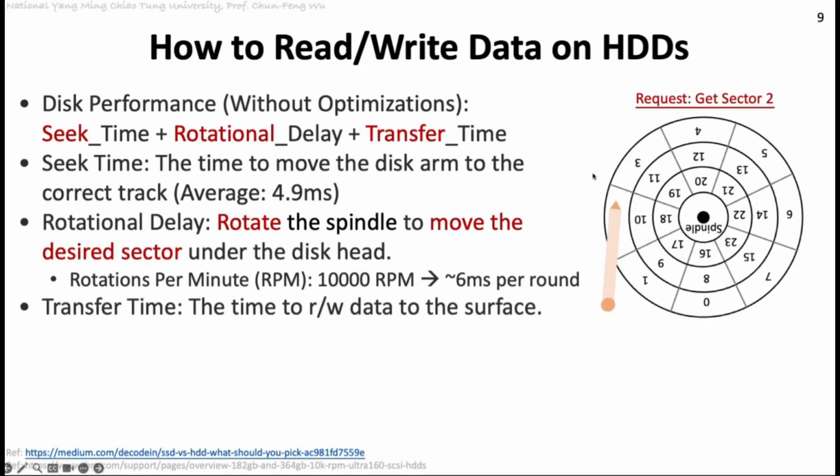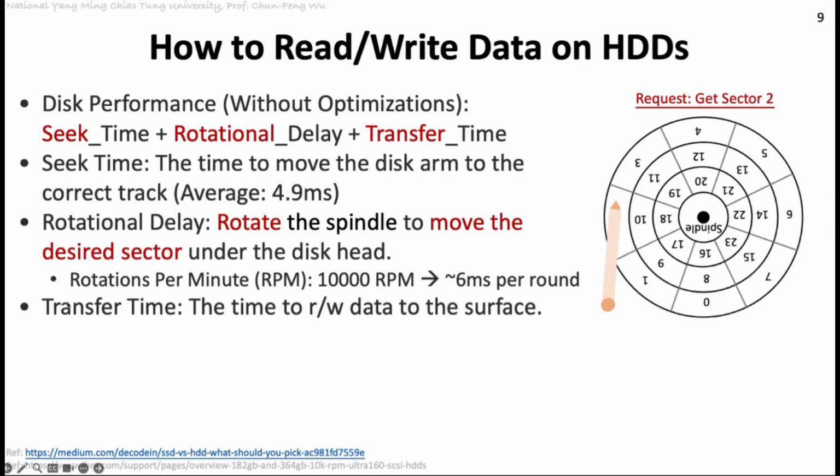In this scenario, the head is now on sector 2, but we still need to read out the data. As we said, we give the circuits currents, and the currents will induce magnetic fields. Using the magnetic field, we can sense the data from the sectors.